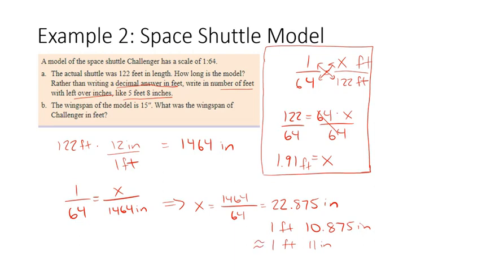The wingspan of the model is 15 inches, so what's the wingspan of the Challenger in feet? To find this, again, we can use the same proportion. However, now we have the model wingspan, 15 inches.